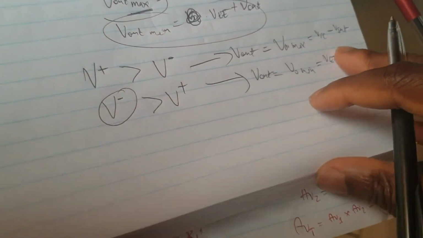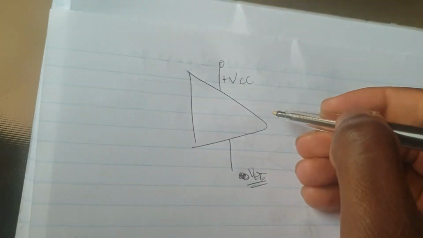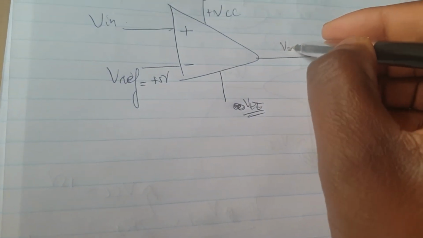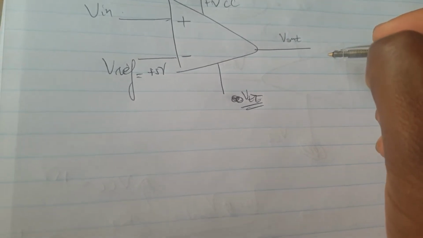That leads to the following diagram, if you have to represent how the output of a comparator behaves. You have a plus VCC connected there, a positive value, and a minus VEE, a negative value. Then you've got the reference voltage connected there, let's say 5 volt DC, and an input voltage. This amplifier has a saturation voltage VSAT.